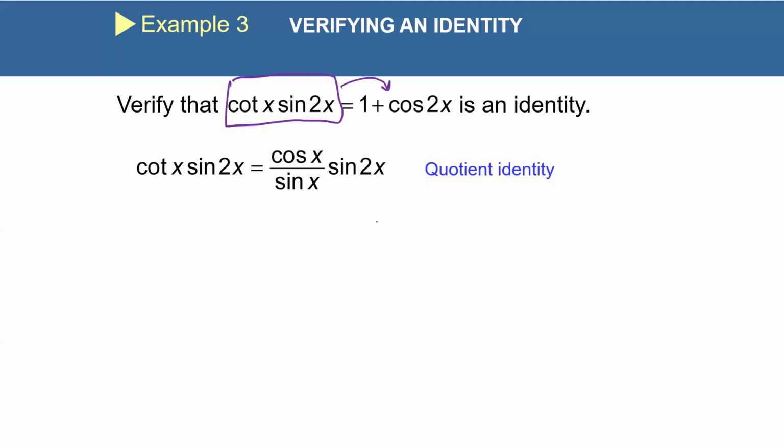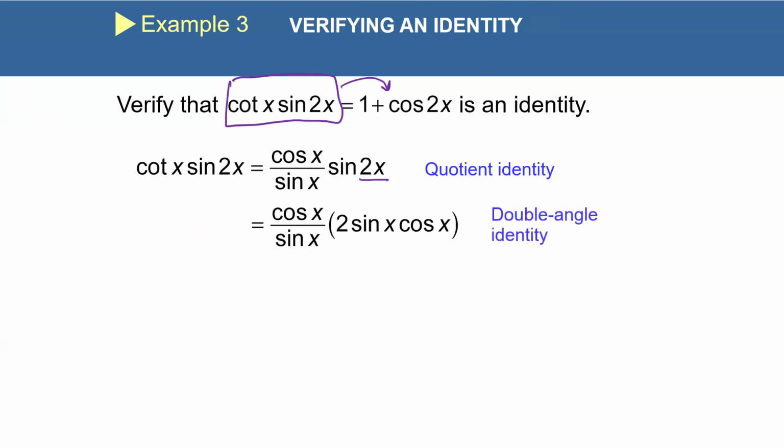Well, because of this 2x, what identity can be applied? The double angle of sine, right? So we're going to apply the double sine identity, which means I would rewrite it as 2 sine x times cosine x.